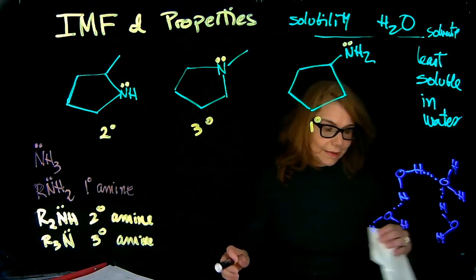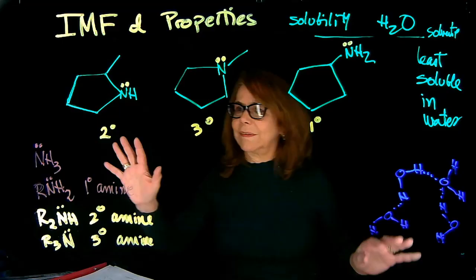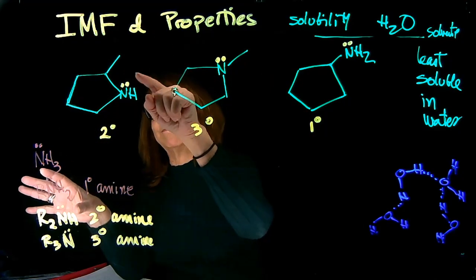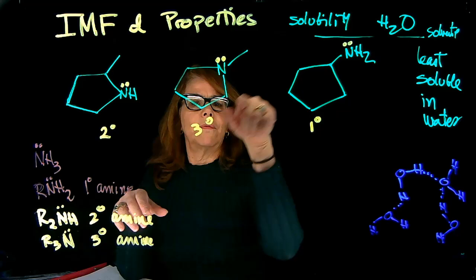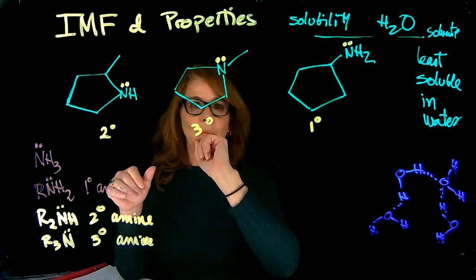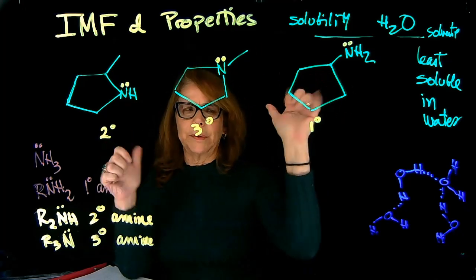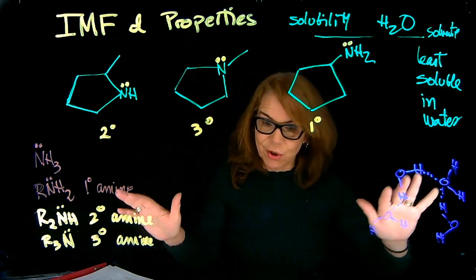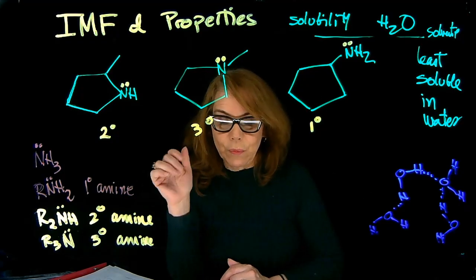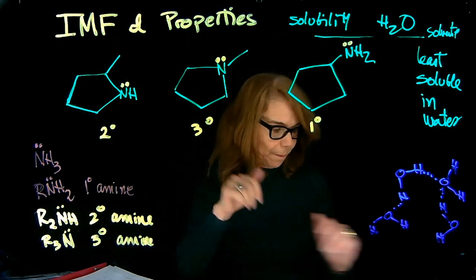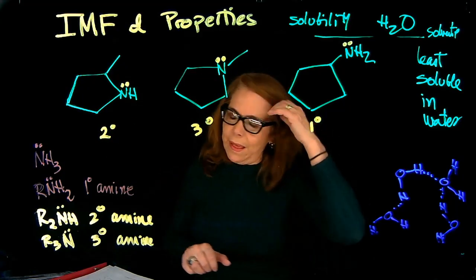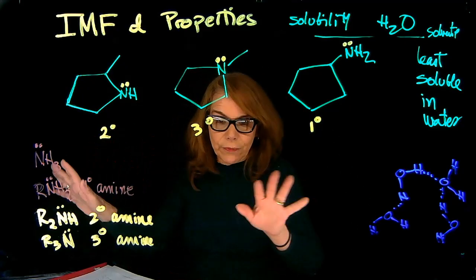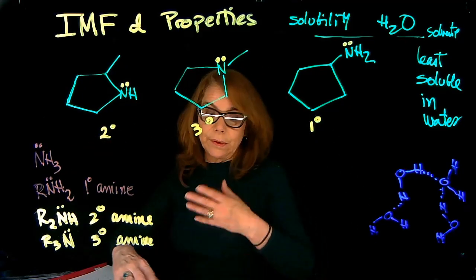Now let's look at the interactions. Here I have 5 carbon atoms, 4 here and 1 more, and 1 nitrogen. So in regards to the molar mass, it will be the same. This is why this series allows us to compare, because now we don't have the effect of the mass playing a role.